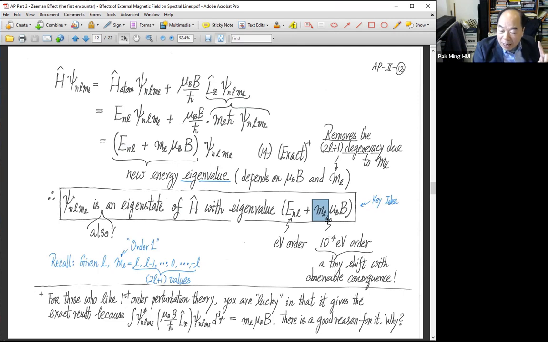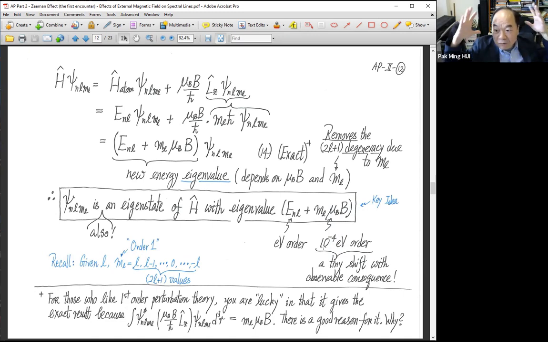So m_l equals 1, 0, minus 1 will give three slightly different energies. Don't exaggerate. Remember, the Bohr magneton is tiny, and the B field is not big, 2 Tesla, 8 Tesla. So this thing is about 10 to the minus 4 eV. Nonetheless, it depends on a third number, meaning the degeneracy behind m_l is now removed.